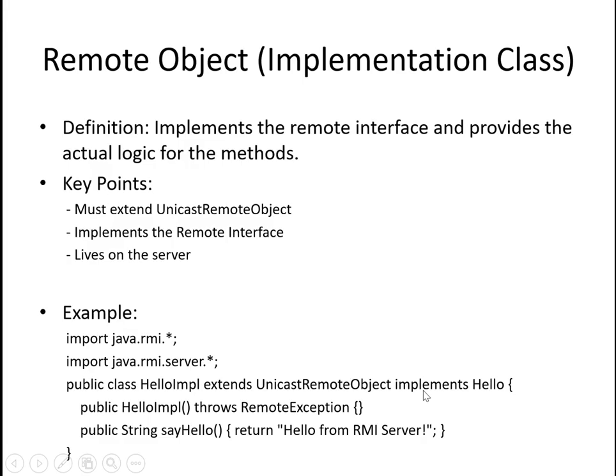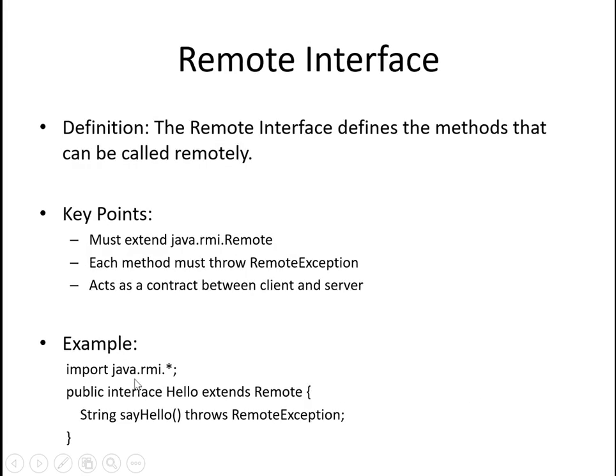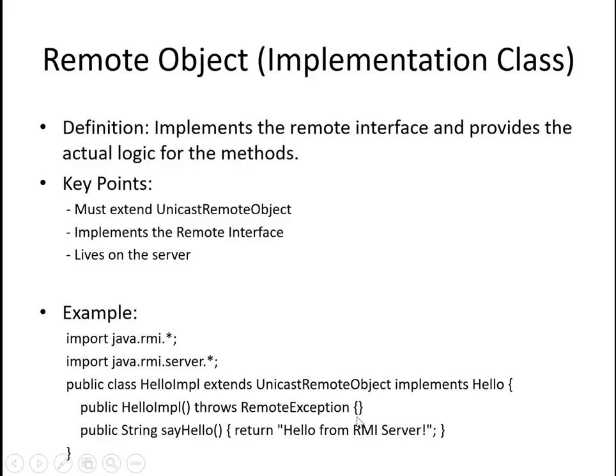At the same time, I'm implementing the Hello interface. Whatever interface I have defined here has been implemented, and you can write a constructor for object initialization, as well as the actual implementation for sayHello, right?